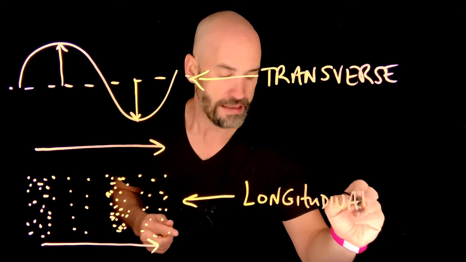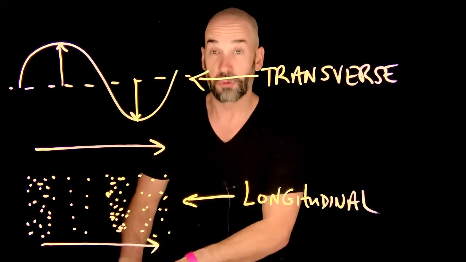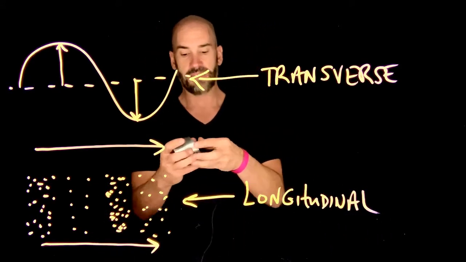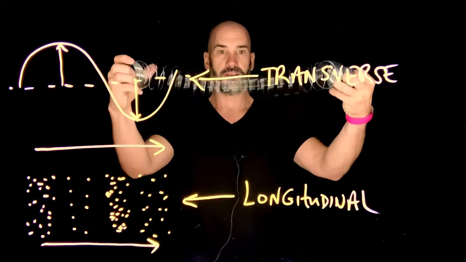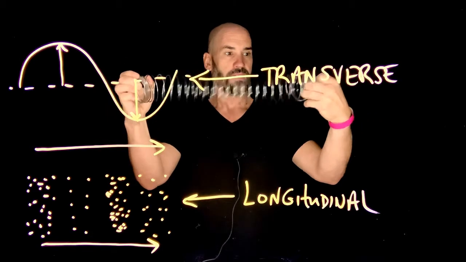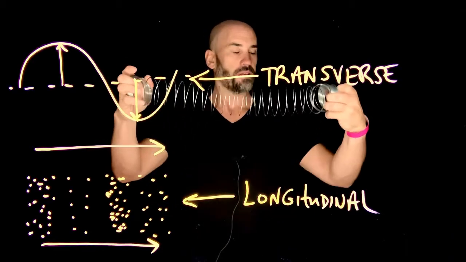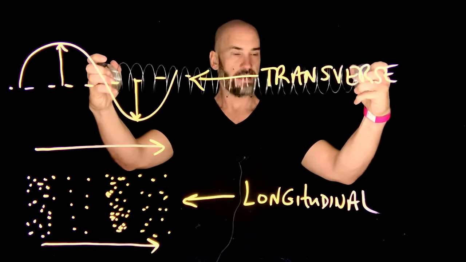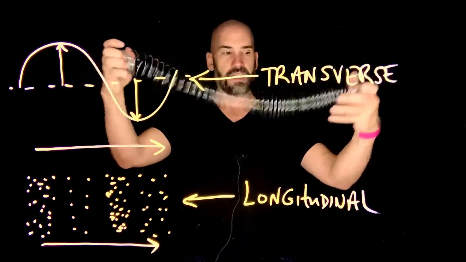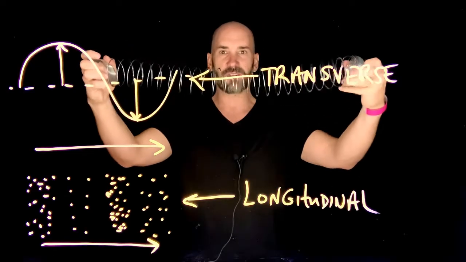Now I'm going to try to do that with a slinky as well. It's going to be a little bit harder. Let's see if I can do it. So I'm going to bunch up a bunch of the slinky right here. Then I'm going to let it go. You could see it at least for the first part of it.